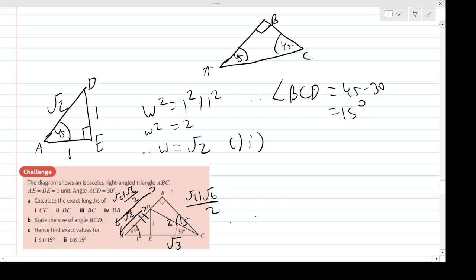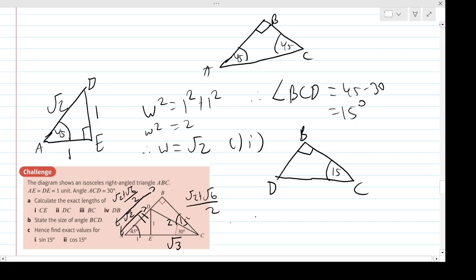Well, they're giving us a hint because they've told us to find the angle of BCD. That means we need to consider this triangle, DBC, right? So if I do that triangle then, that would be D there, this will be B, and we have C. Well, this angle's 15, and this is a right angle triangle.